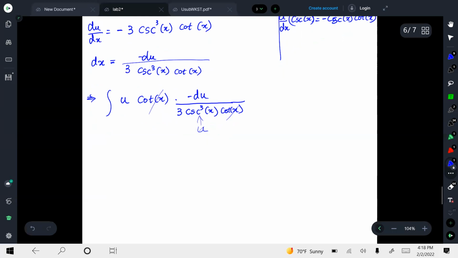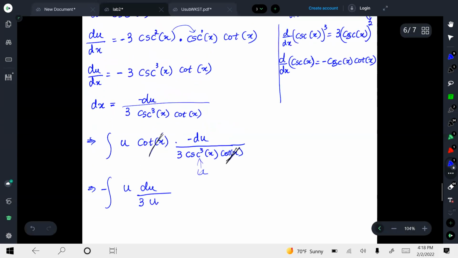So we know that cot of x here and here gets cancelled. Now the remaining term is u. We pull the negative out. du divided by 3 times cosecant cube of x is nothing but u, right? We substituted that in the first place.